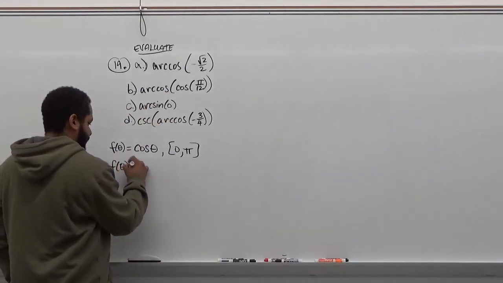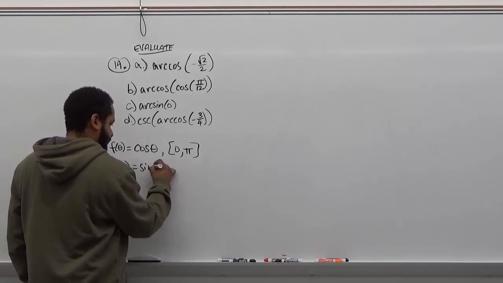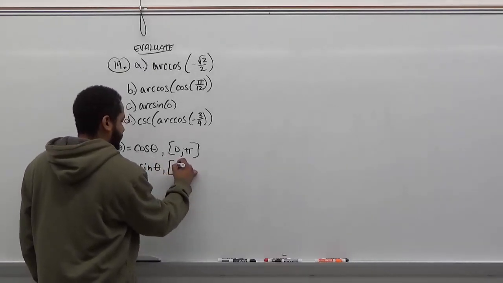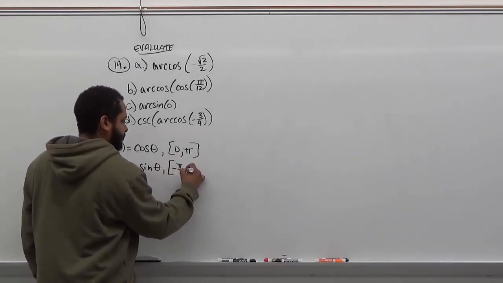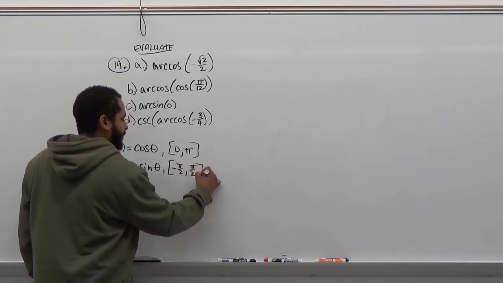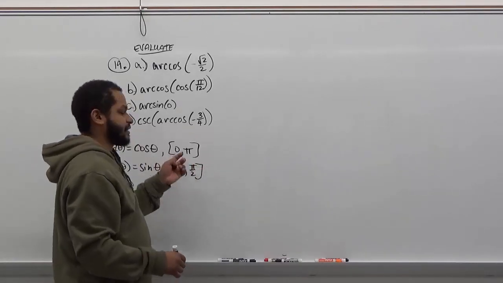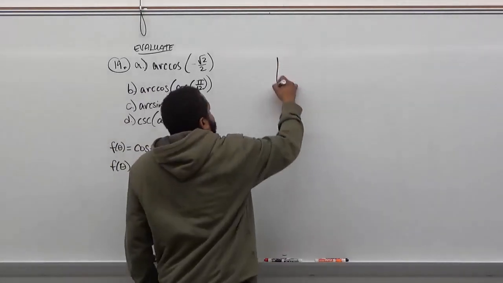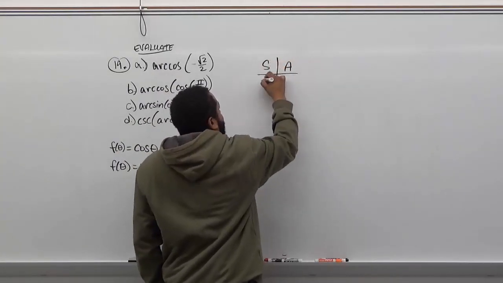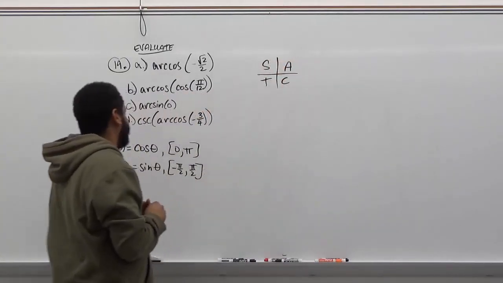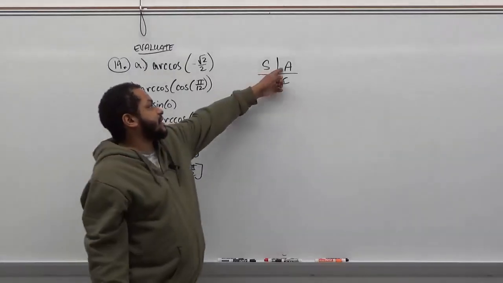For the function of theta, when we have sine of theta, we have to remember that theta runs from negative pi over 2 to pi over 2. And the reason for this, just like the cosine one, is when we have all students take calculus, right? We know that sine is positive in the first and second quadrant.